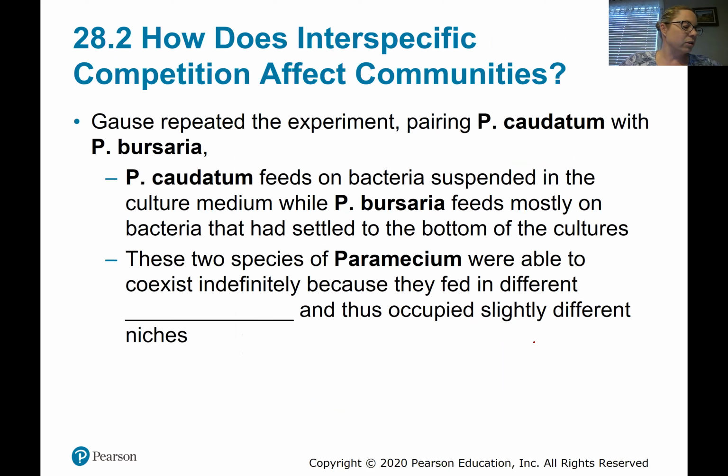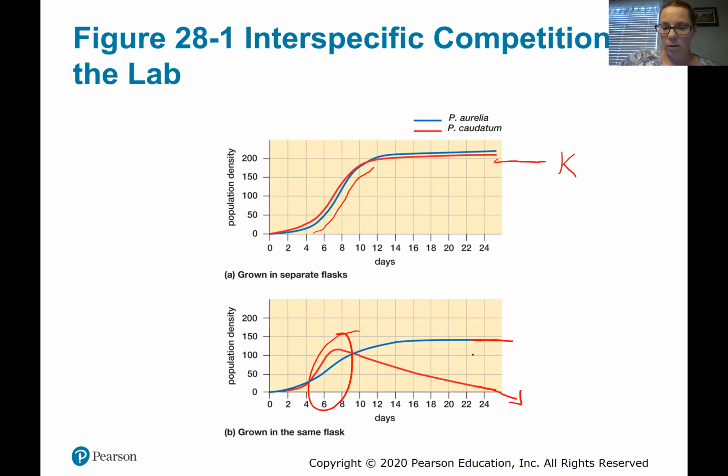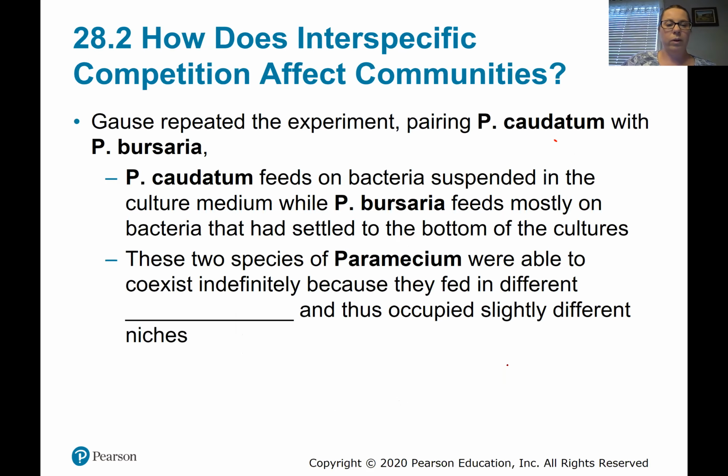So he decided to repeat this experiment with a different species, comparing caudatum, which we saw here, the red one that got eliminated, with Bursaria. Caudatum, he discovered, feeds on bacteria that float around suspended in the culture medium, whereas Bursaria feeds on the bacteria that settle down and live at the bottom.